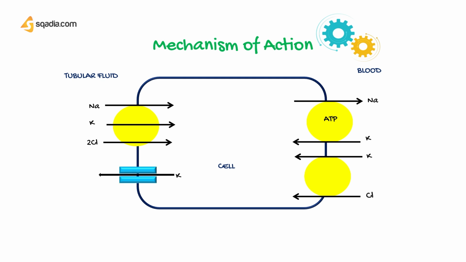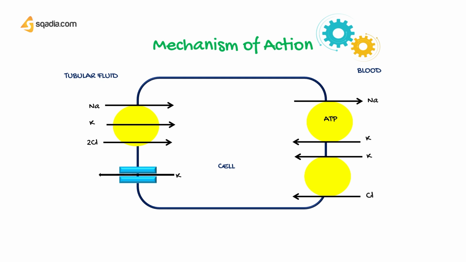Now what happens is that this part of the nephron is known as diluting segment of nephron because its cells are impermeable to water. They will not allow water to enter, whereas solutes which are sodium, potassium and chloride, they are maximally absorbed at this site. 25 to 35% of the salt reabsorption occurs in this part of the nephron.